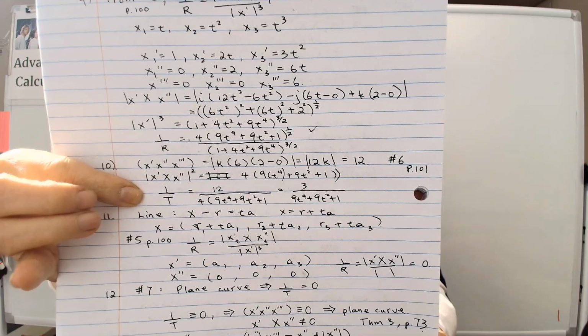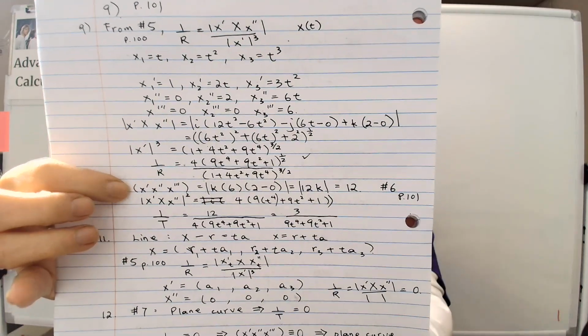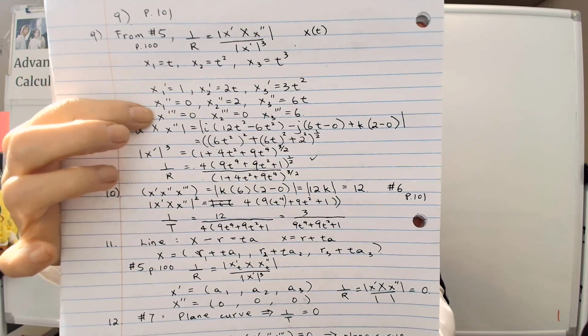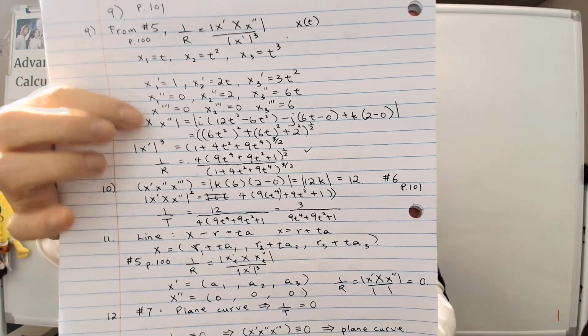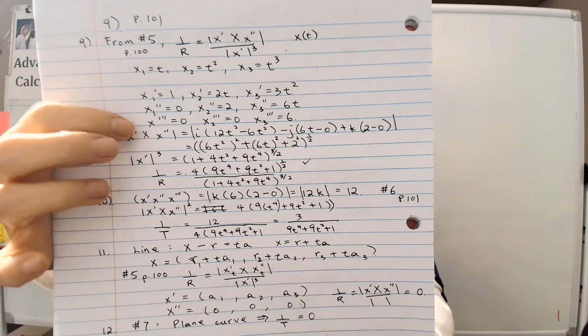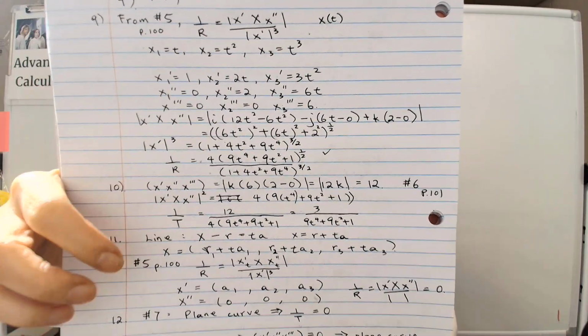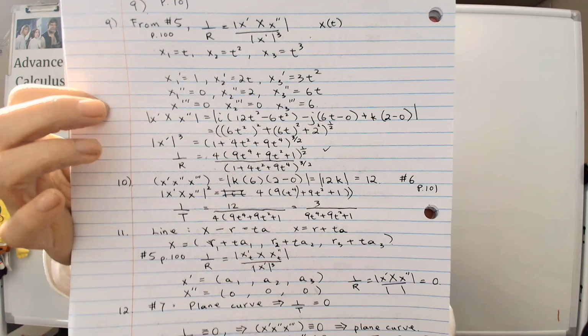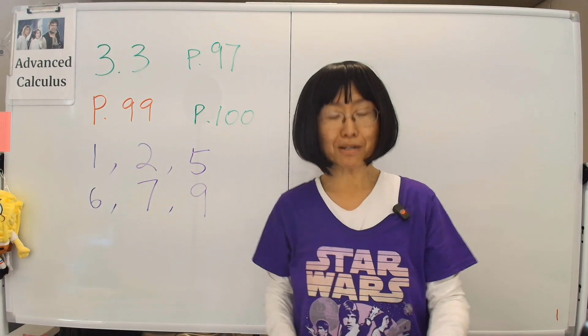So 1 over t, shouldn't it be a triple? Yeah, there's an x triple prime, the third derivative, which is why I wrote it here, because in problem 9 we only need the second derivative, but I saw problem 10 coming, so I might as well write down the third derivative too, and then everything comes out okay. So that is the answer for 9 and 10, which are relaxing after we grind through problem 6.